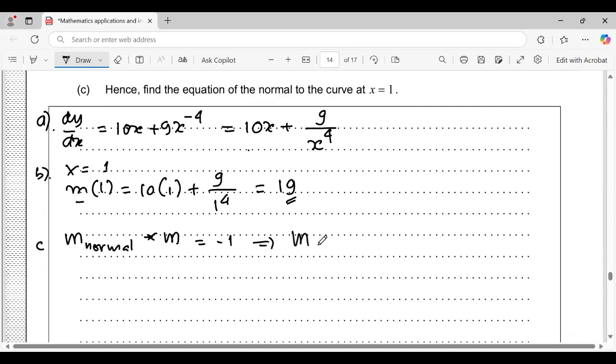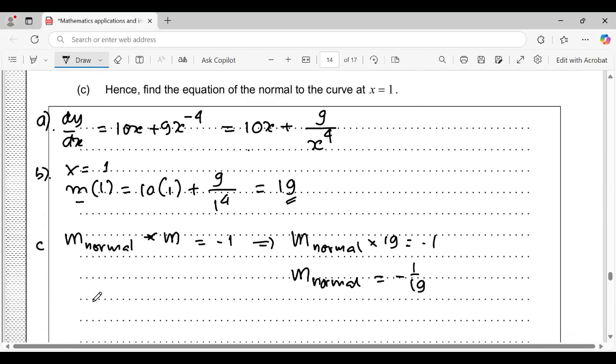So m normal, or gradient of normal line, times 19 equals minus 1. So m normal, or gradient of normal line, equals minus 1 over 19.